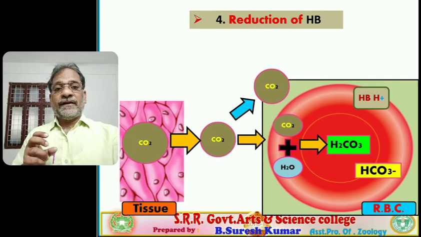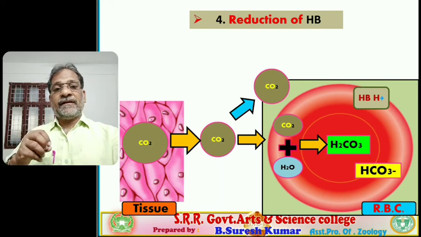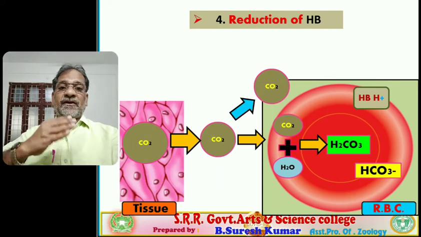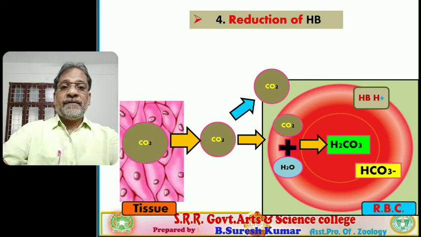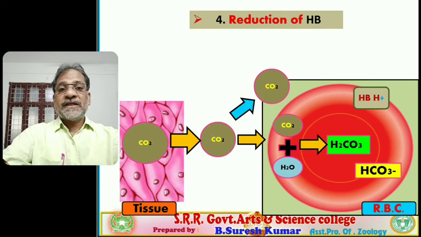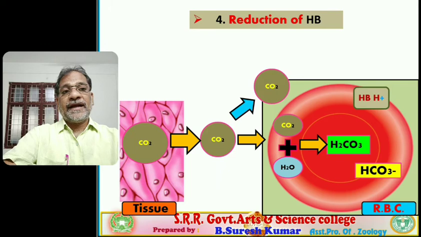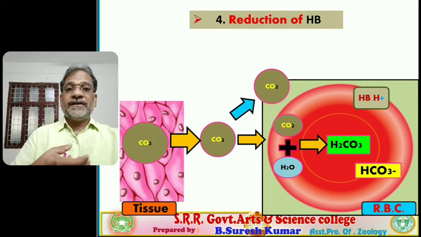Because of that, when hemoglobin undergoes reduction, it picks up hydrogen ions, then immediately loses affinity for oxygen, and immediately the hemoglobin delivers oxygen to the tissue. That is the reason. Remember, students, the reduction of hemoglobin at the tissue is responsible for delivery of oxygen to the tissue. So at a tissue, the hemoglobin molecule picks up hydrogen ions and delivers oxygen.